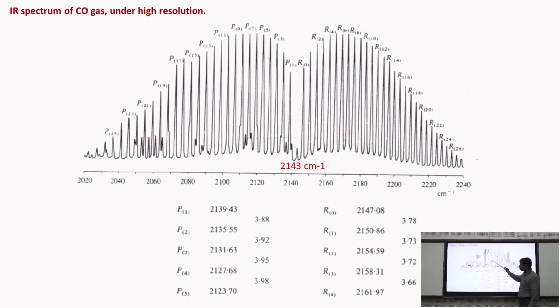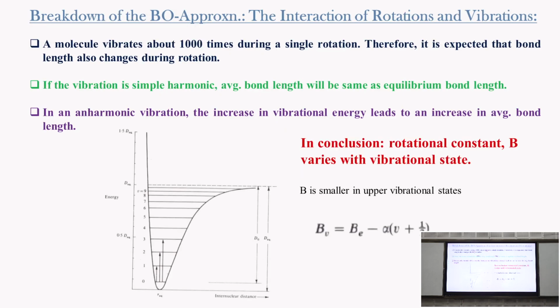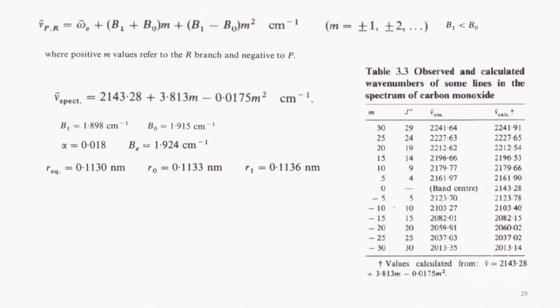As I said, the spacing between the bands in the P branch is increasing, and for the R branch it is decreasing. You have to explain this with the help of the expression that you have just seen.